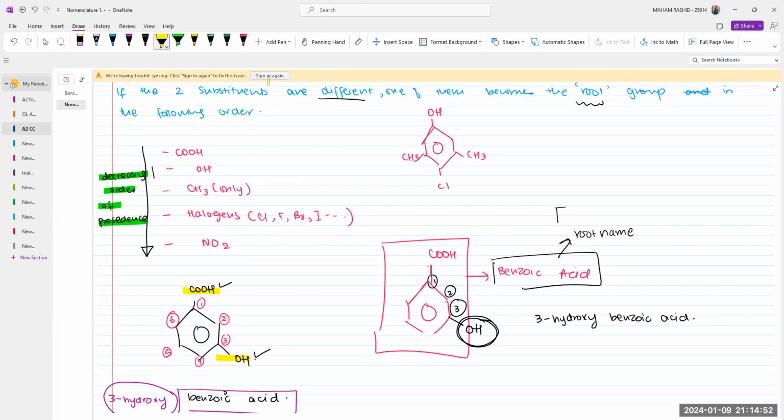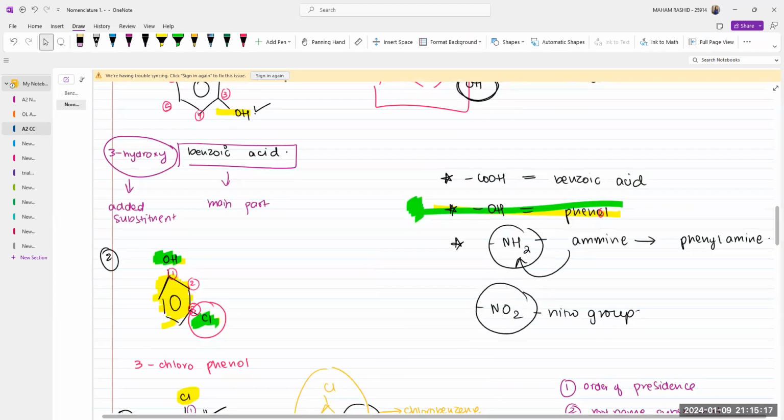So what's the order of precedence? There's a hydroxyl group, there's methyl, and there's chlorine, right? So the root name will be what? OH. This will be your root name. And the rest of the two will be your substituents. And an OH as the root name is named as phenol.